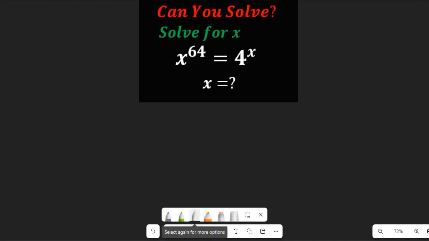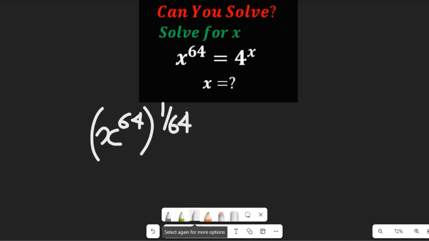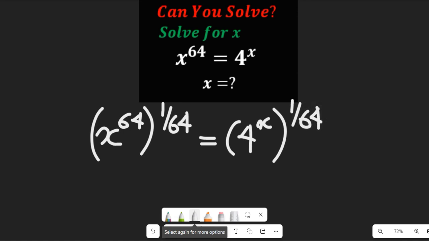Now let's look at that. I have the value of x to the power of 64. If I raise it to the power of 1 divided by 64, and whatever I do to the left hand side, I also do to the right hand side, I have 4 to the power of x all to the power of 1 divided by 64. Great.